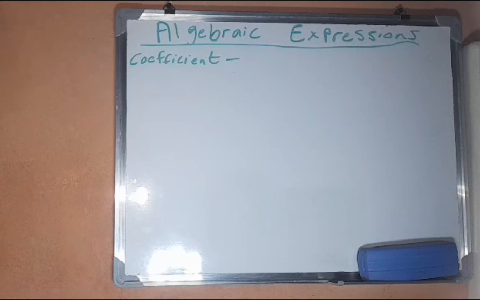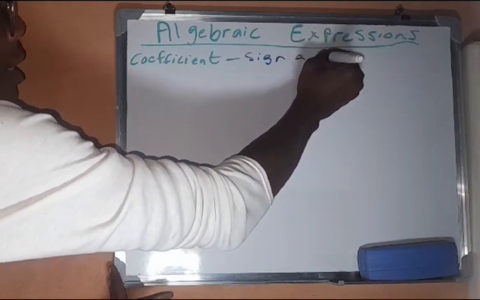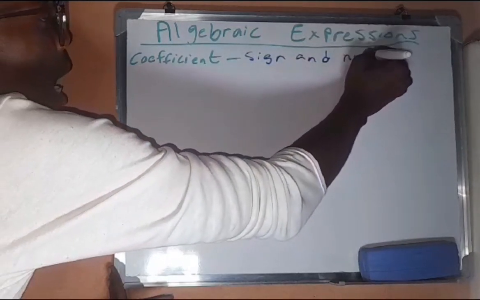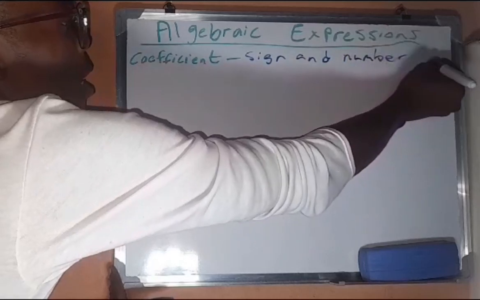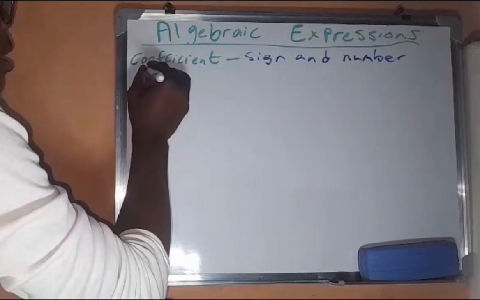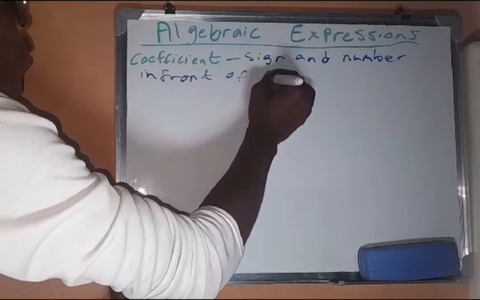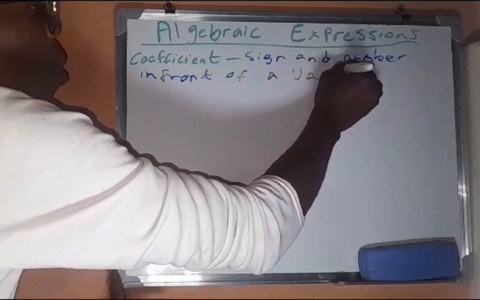When we talk about a coefficient under algebra, we're talking about a sign and number in front of a variable.